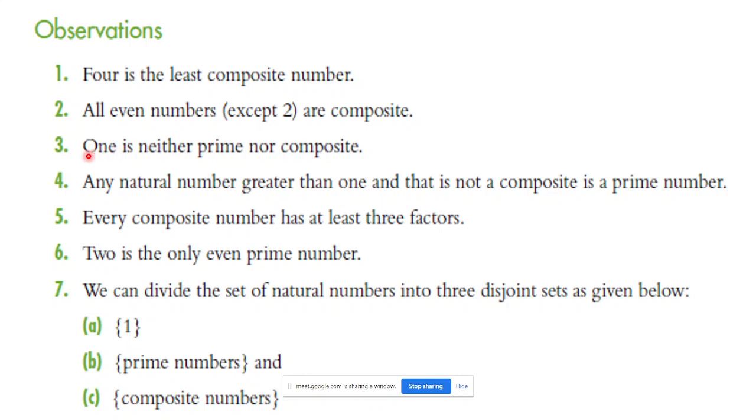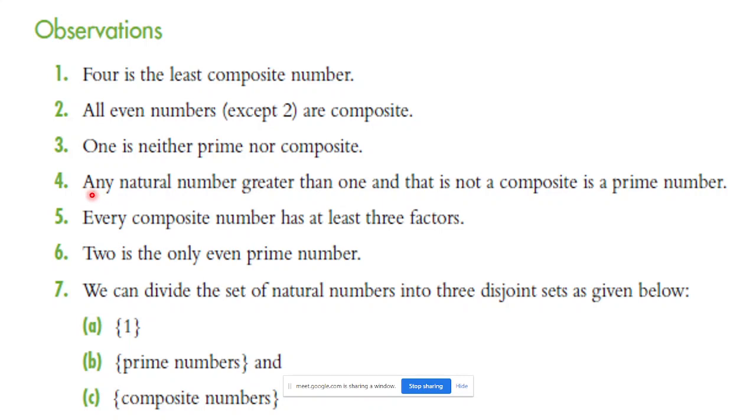And next, third observation, third point, 1 is neither prime nor composite. The number 1 is said to be neither prime nor composite because it has only one factor. Yes or no? So it is said to be neither prime nor composite.